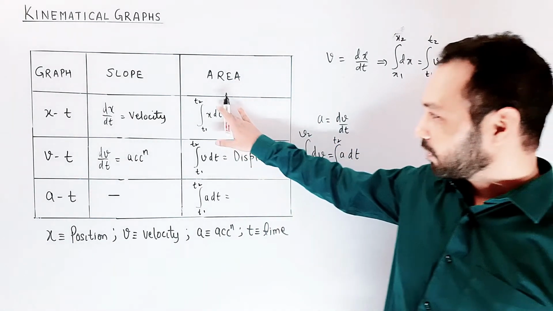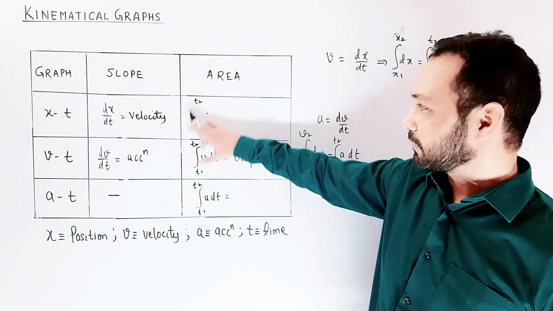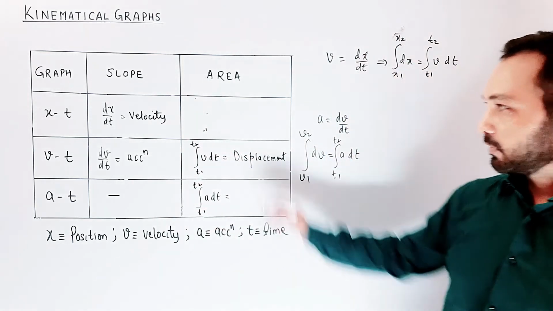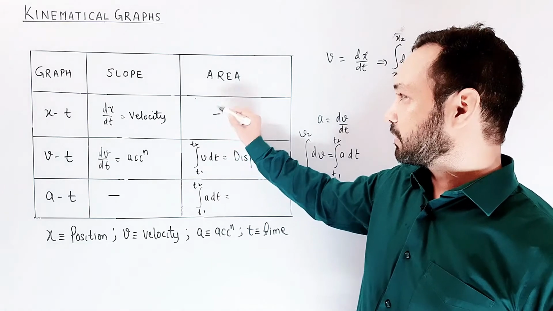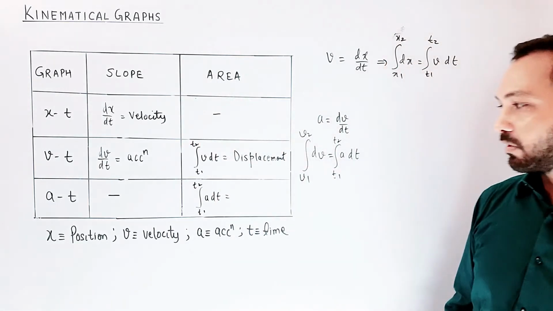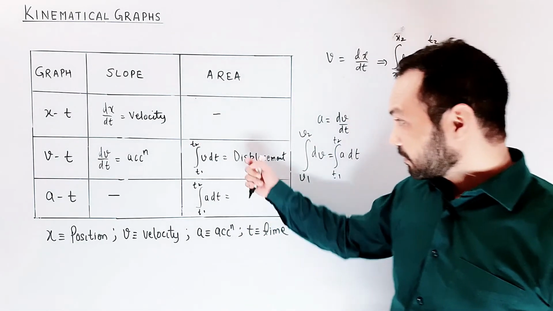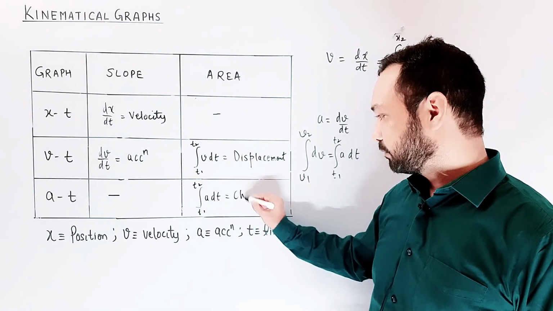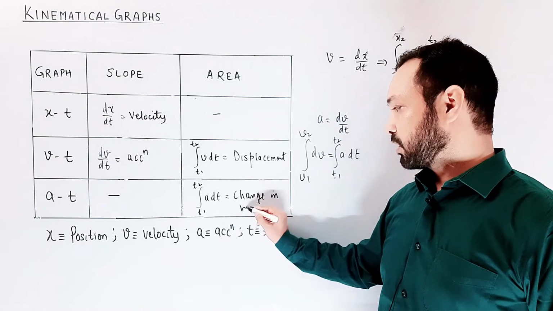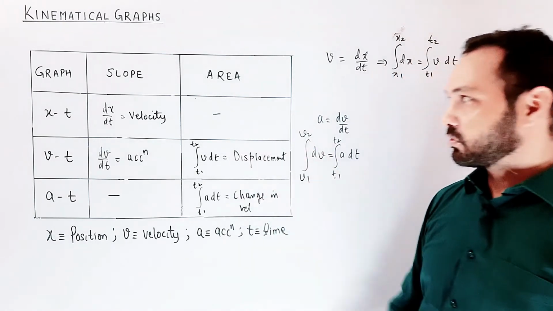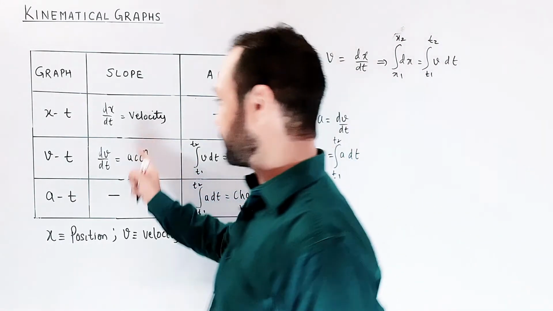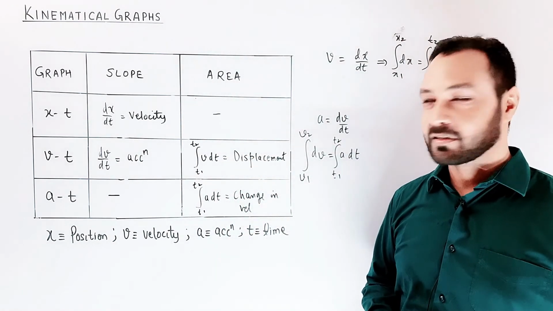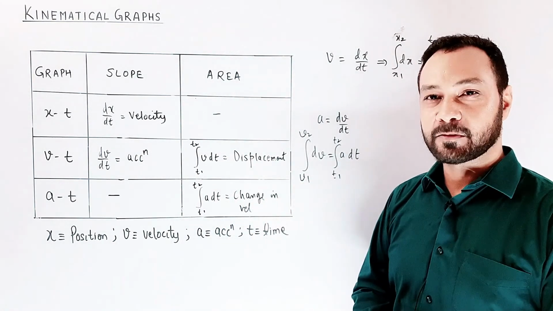So this will not give us any meaningful thing, and this area of xt graph is not giving us any meaningful thing. These two areas are giving meaningful things. So this is a change in velocity, this is change in position, this slope is velocity, this slope is acceleration.